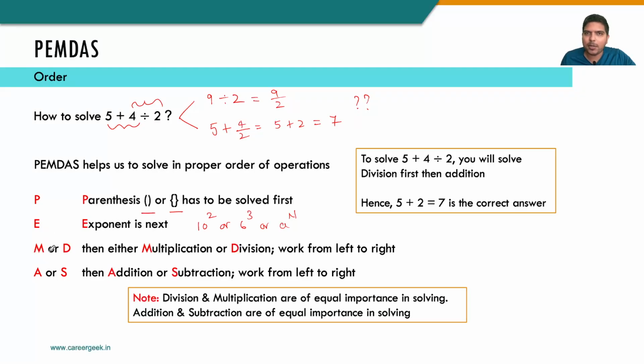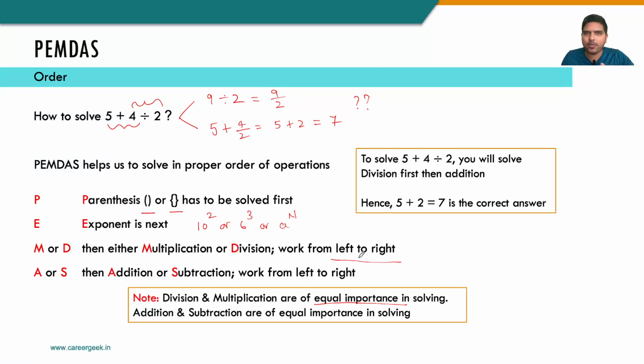Then comes your multiplication or division, right? Now here, the important thing to remember is that M or D, multiplication and division, have the same importance. They have equal importance. So how do you decide which one to do first? You will have to start from left to right.